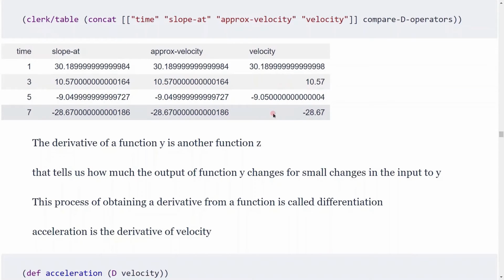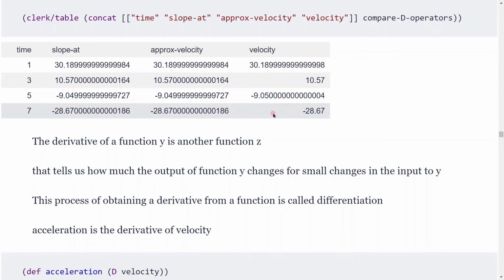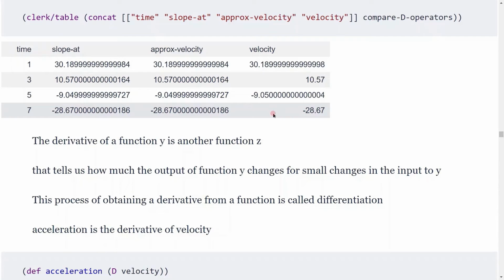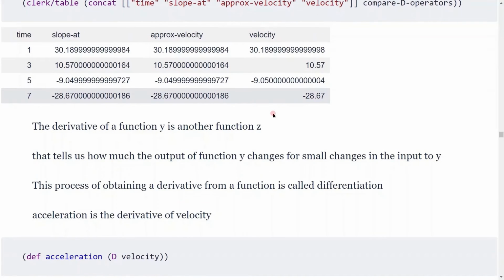So with this we come to an understanding of what the derivative is. The derivative of a function y is another function z that tells us how much the output of function y changes for small changes in the input to y. And the process of obtaining a derivative from a function is called differentiation.